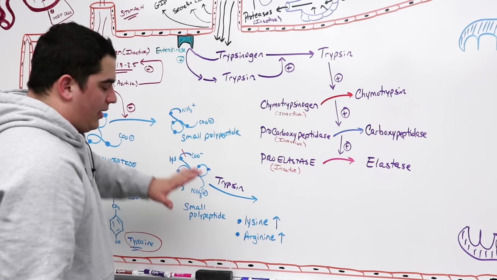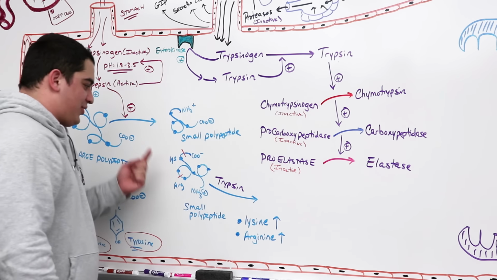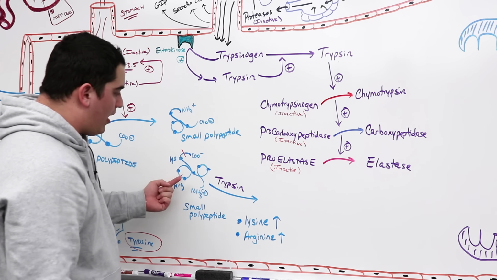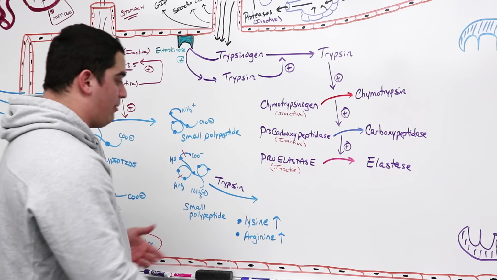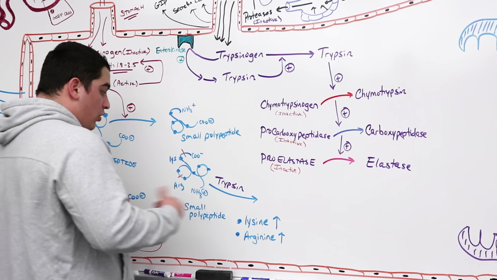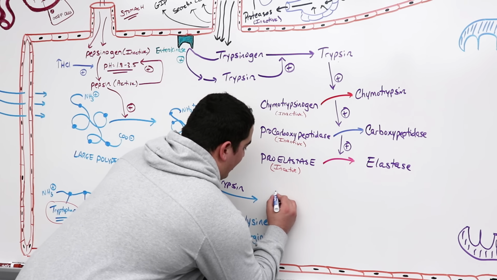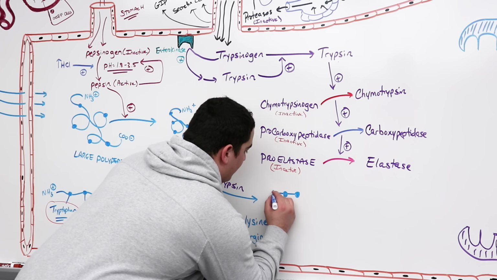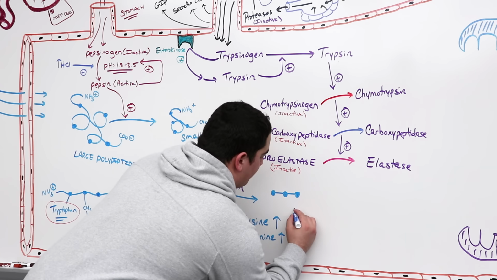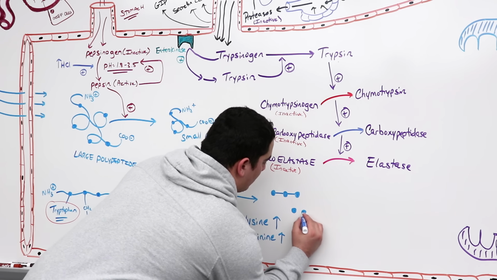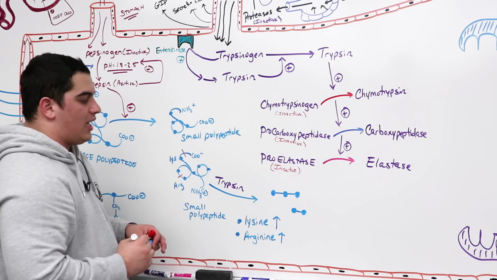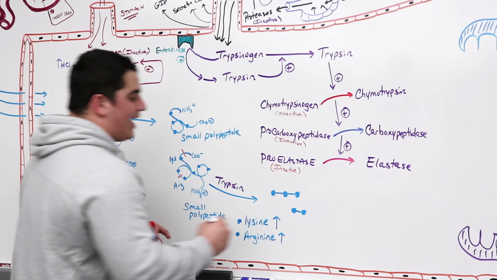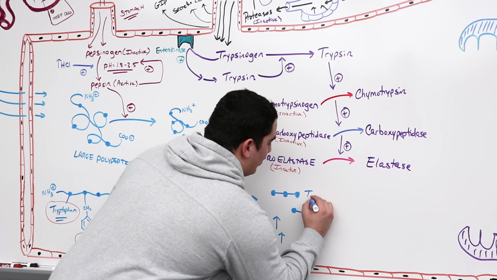Okay? But again, not super specific here. Just know that trypsin can break down small polypeptides into even smaller polypeptides. Particularly, we would like if it can break it down into maybe something like this. This is called a tripeptide. So we have 3 amino acids together. This right here is called a tripeptide.